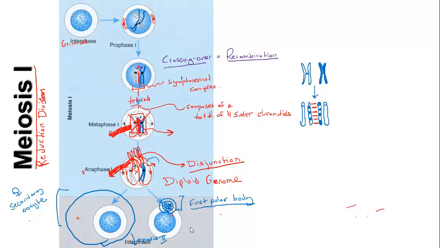There is no S phase in interphase of meiosis I. There is no S phase in interphase of meiosis I, all right?